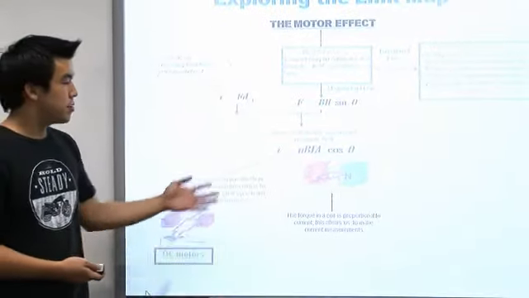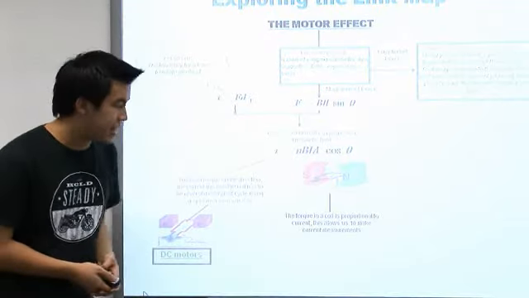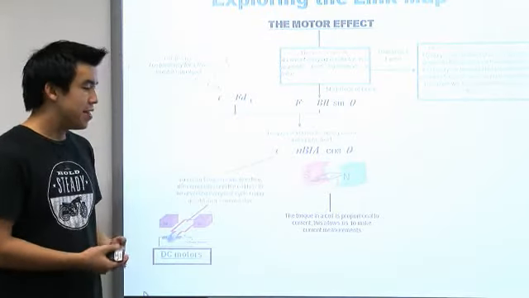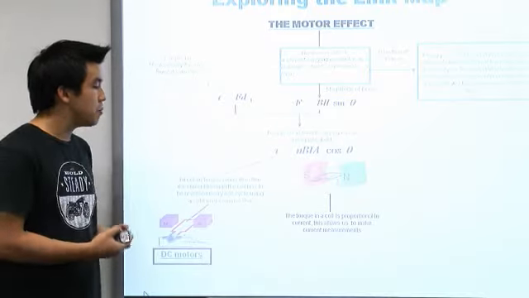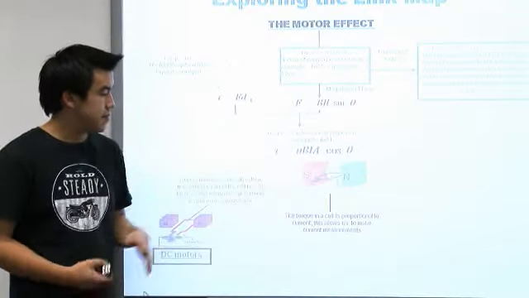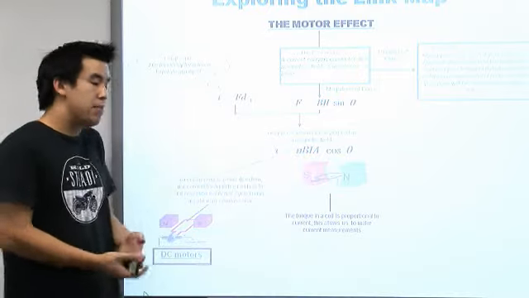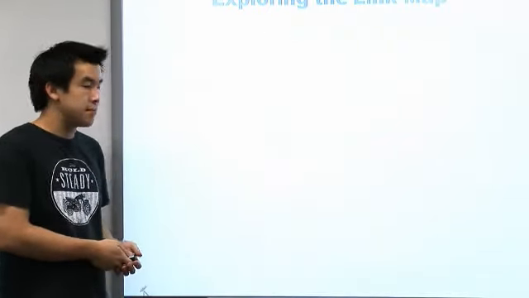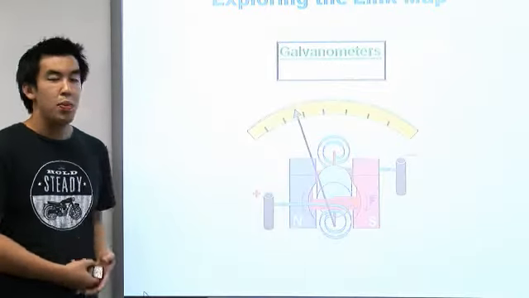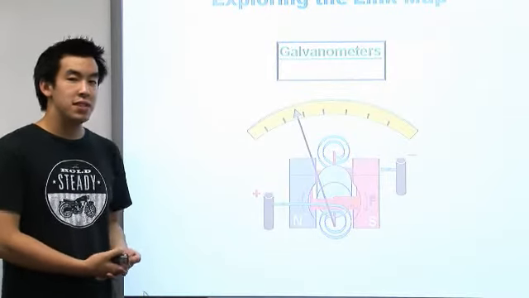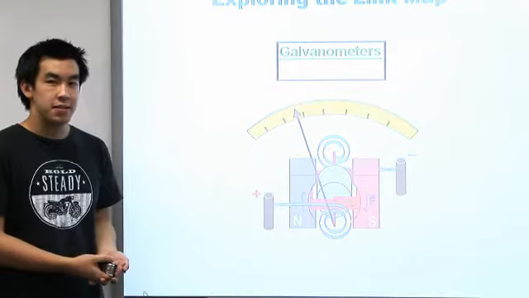Again, going from the torque on a current carrying coil in a magnetic field, we can see that the torque on that coil is proportional to the current. This will allow us to make current measurements by examining the amount of torque. The practical application which this is used in is in galvanometers.